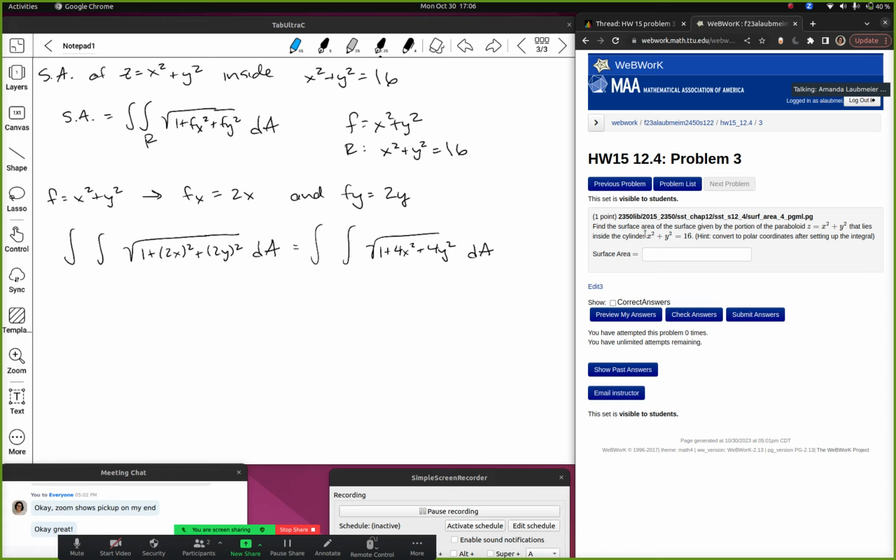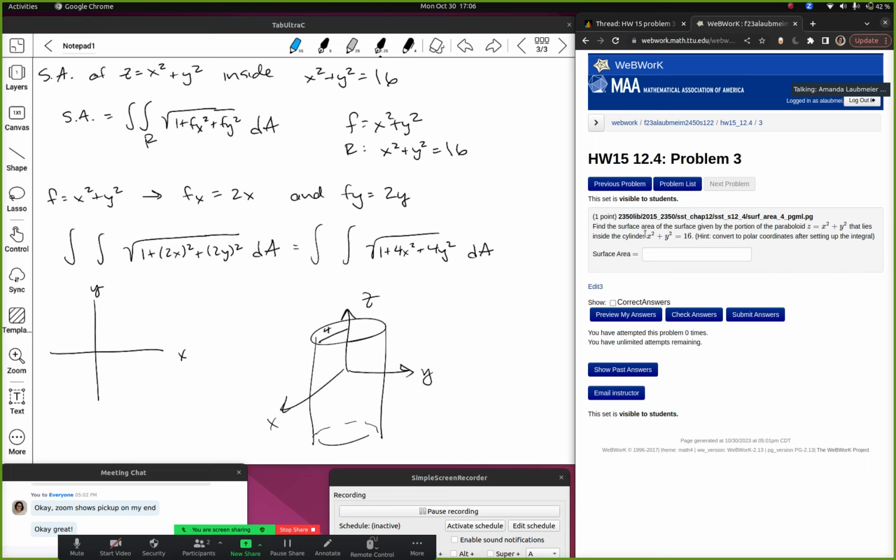And then if we wanted to set up this region, it would help to draw it. So the region R is coming from this shape. I guess you're told it's a cylinder, so it's actually this shape, like this, with radius 4.